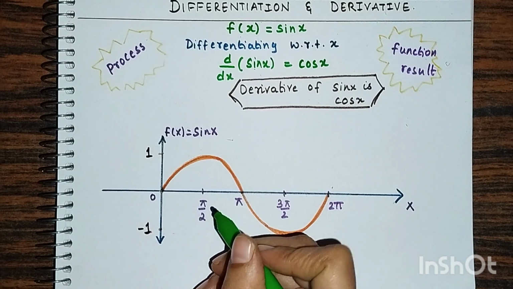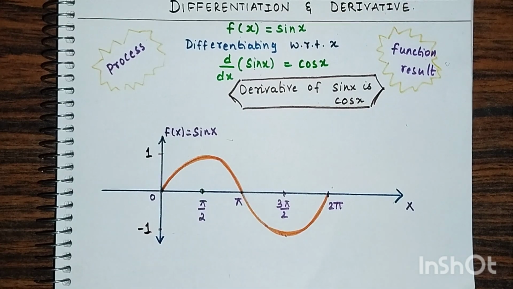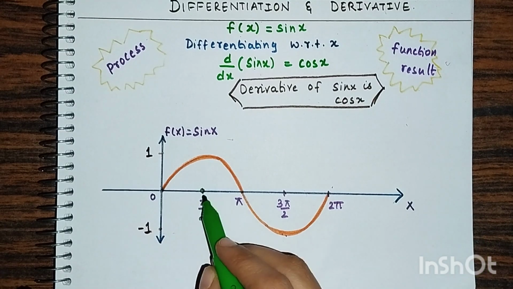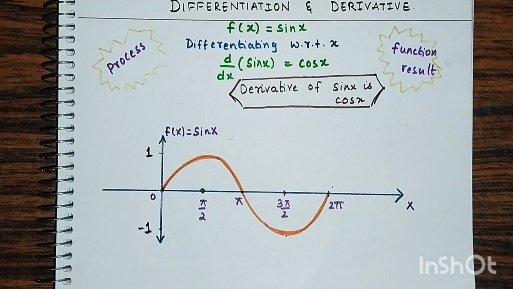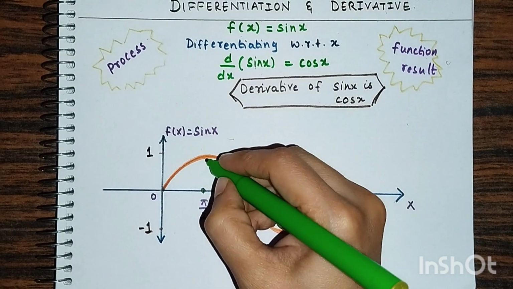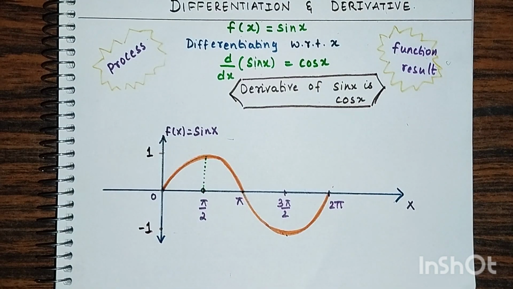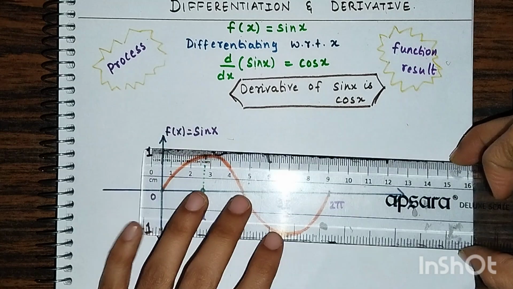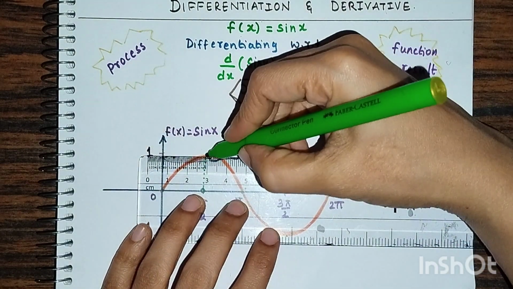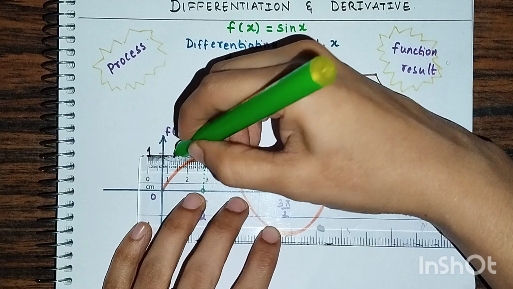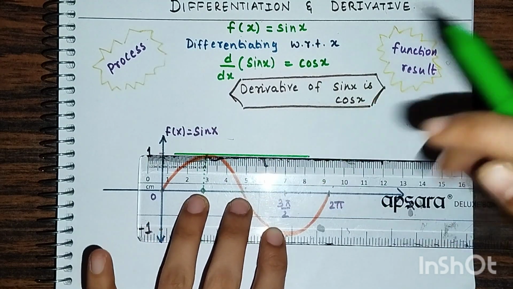I will select pi by 2 as the input. You can select any point, but I'll select pi by 2 now. At this pi by 2, I will join with the graph of that curve, and I will draw the tangent at this point.